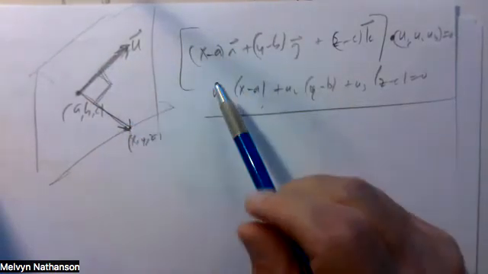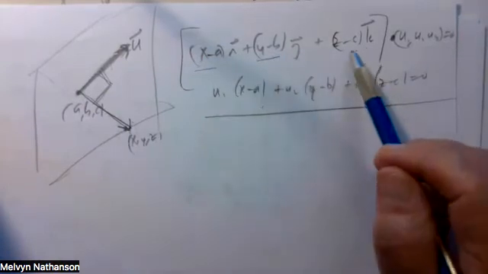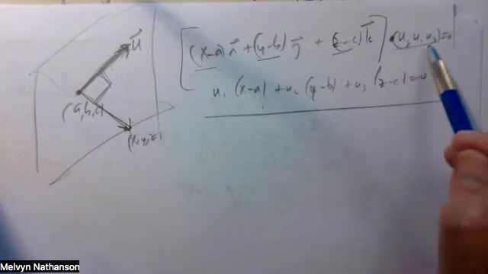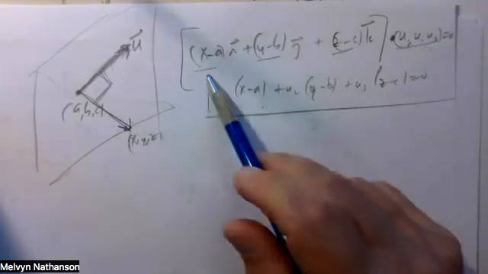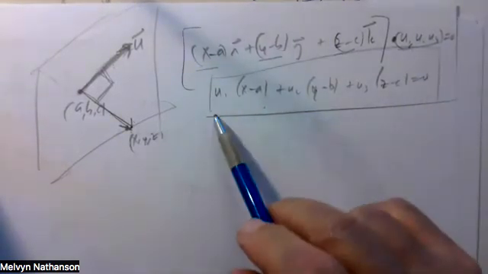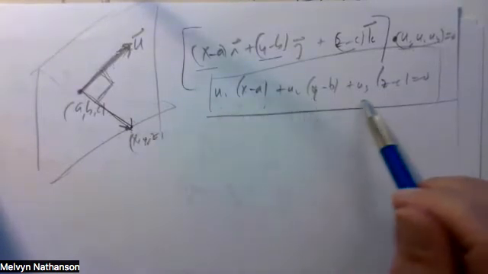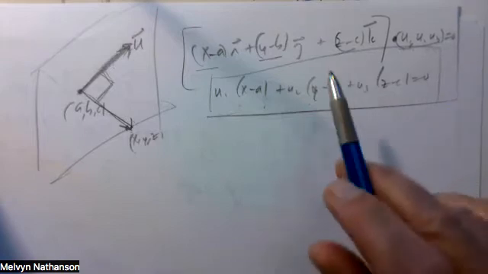This vector has coordinates x minus a, y minus b, and z minus c. And let's say u has coordinates u1, u2, u3. The dot product is this linear expression: something times x, something times y, something times z equals a constant.